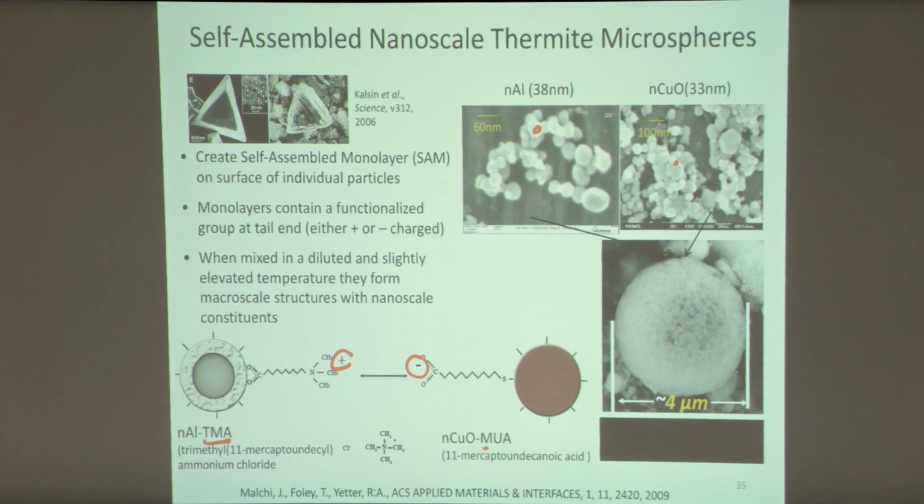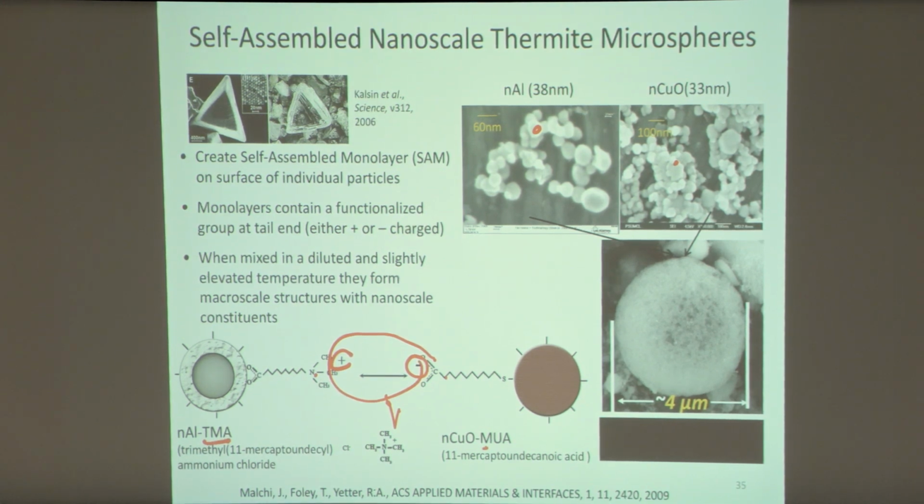So that when they were added to the same solution, the charges were neutralized and the charge left to form a salt, and the ligands joined together. And so you start off with these 40 nanometer type nanoparticles and you get them to self-assemble into about a 4-micron particle.